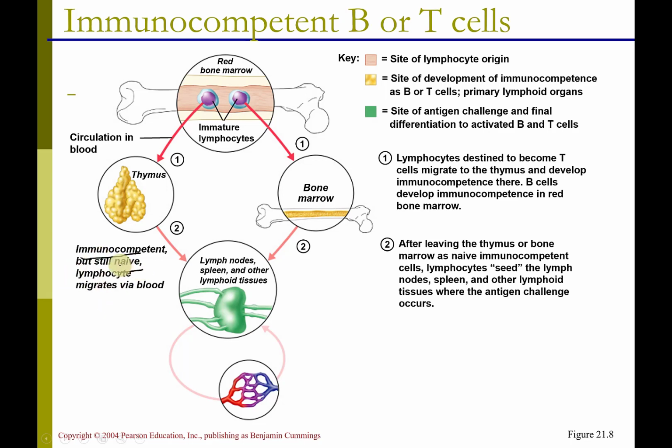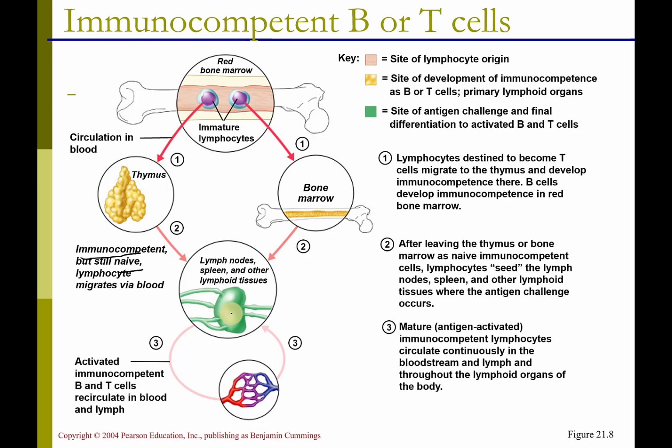But they're naive, which means they've never actually met the antigen or the pathogen. So they go to the lymph node, the spleen, or other lymphoid tissues. Often they're in the lymph node, and they wait until the pathogen comes along. When the pathogen comes along, they recognize it by binding to it, and now they are considered immunocompetent but mature.